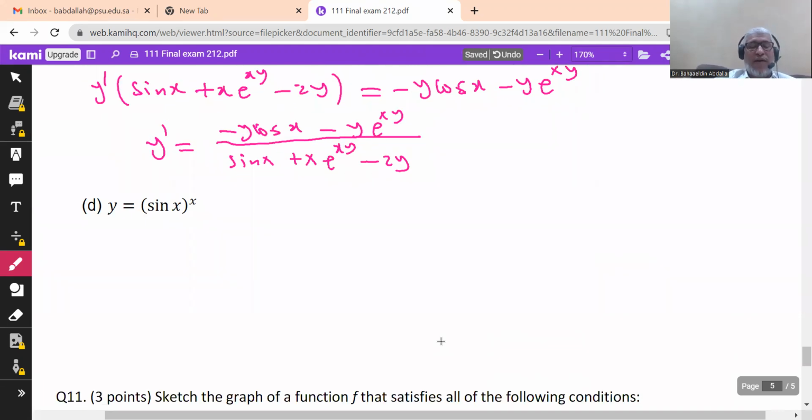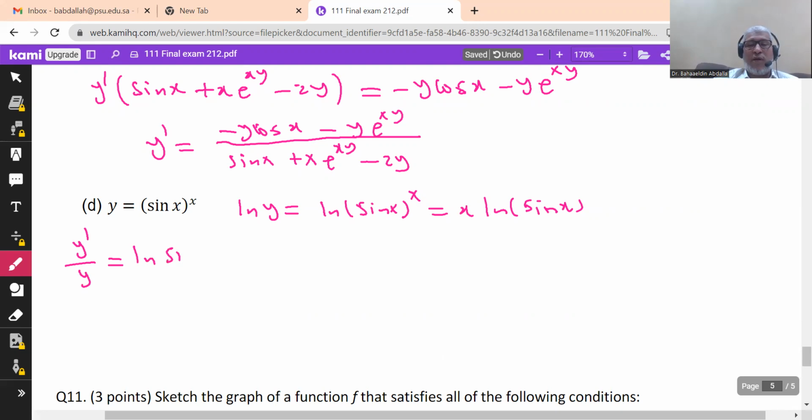Now here I have a function raised to a function. So I have to use the ln. And then I can bring x here. And now I find the derivative. The derivative of ln y is y prime over y. And this is a product. The derivative of x is 1.